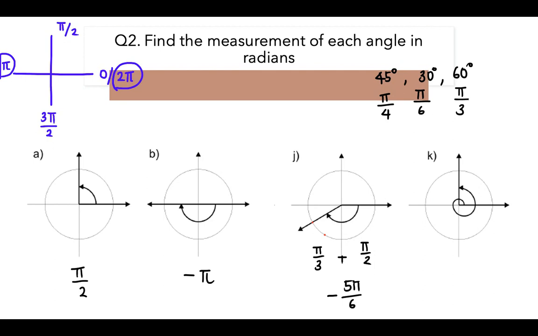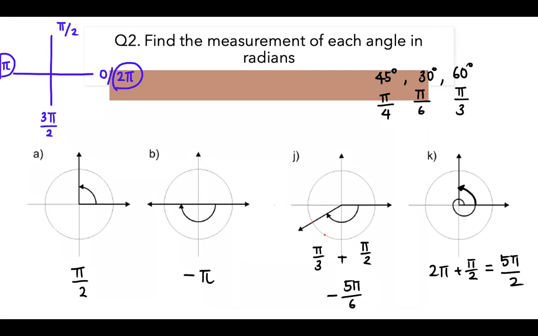Next, this is a full turn, which is 2 pi. After the full turn, we have 90 degrees, which is plus pi over 2. Adding them with the common denominator, it's 5 pi over 2.